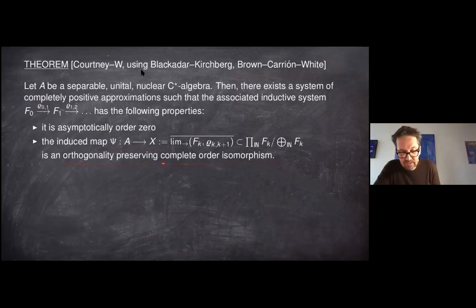And let's say complete order isomorphism, then I think of X as an operator space, or in fact, you can think of X as an operator system sitting inside here. And now when I say operator system, then I mean a self-adjoint subspace of a C-star algebra, which carries an order unit, which is not necessarily the unit of this C-star algebra here. It carries an order unit, and that's just the image of the unit here.